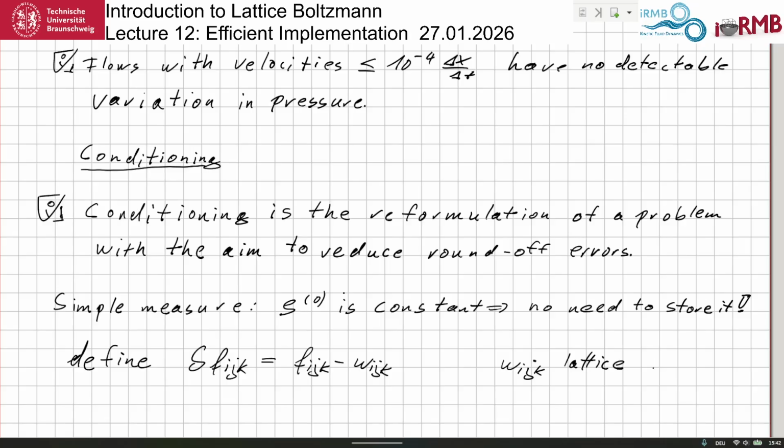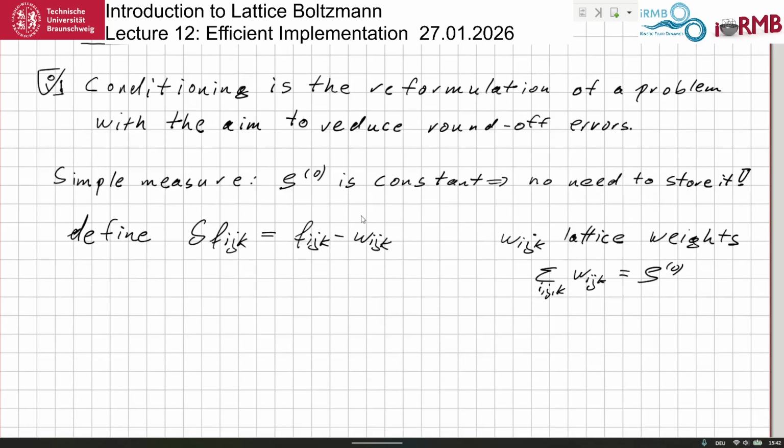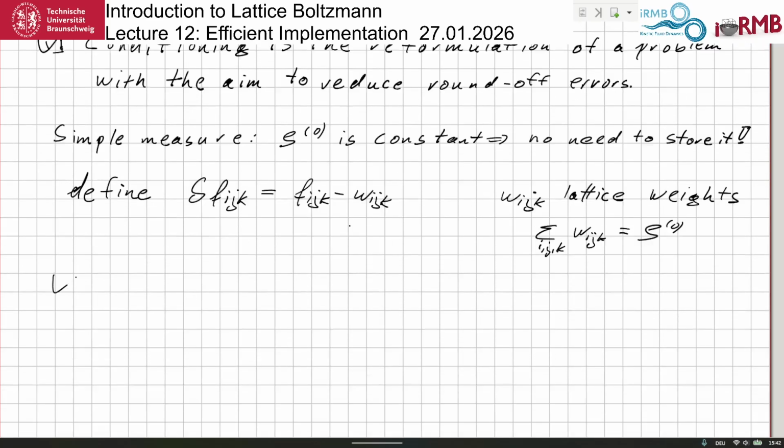which are very present in the usual BGK lattice Boltzmann methods. Here we don't use them so often. They are constant weights, and if we sum over them, over Ijk, they will give us rho 0. This is just this constant. So now we store this delta Fijk.